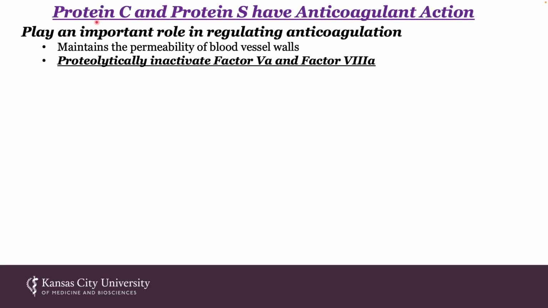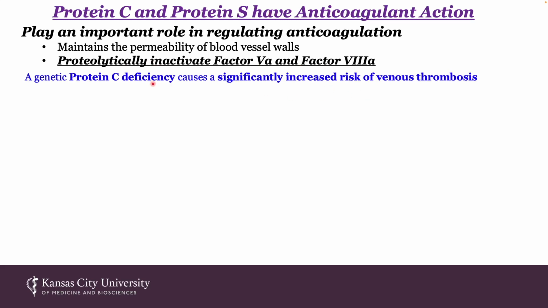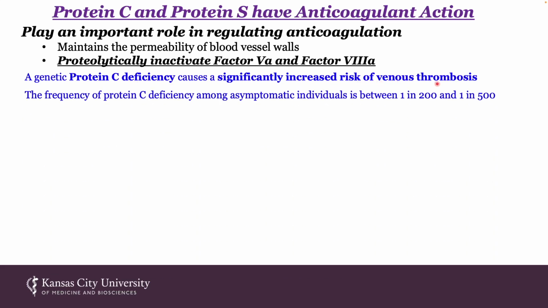I've mentioned before, but I'd like to stress here that protein C and protein S have anticoagulant action. Both of these proteins get together to play an important role in regulating anticoagulation. Protein C and S physically interact to proteolytically inactivate factor V and factor VIII. Patients with a genetic protein C deficiency exhibit a large increase in the risk of venous thrombosis.